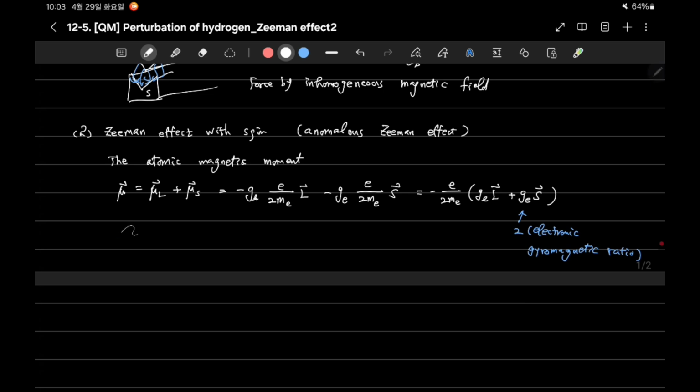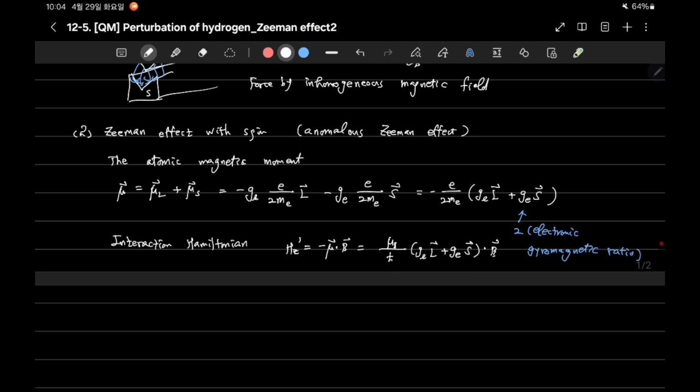And the interaction Hamiltonian can be written as H prime equals minus mu dot B, where mu is like this: mu_B over h bar times (g_L L plus g_e S) dot B, because the Bohr magneton is divided by h bar.